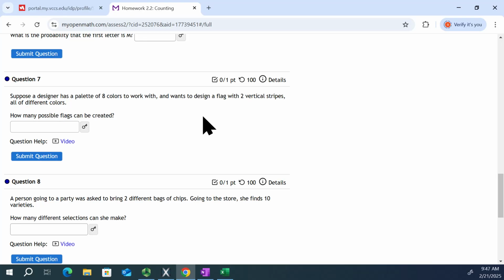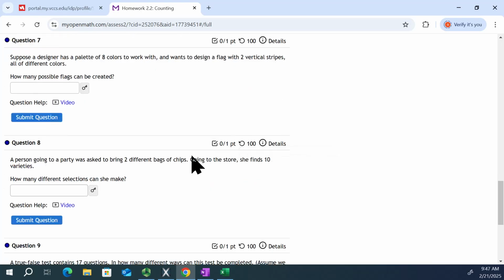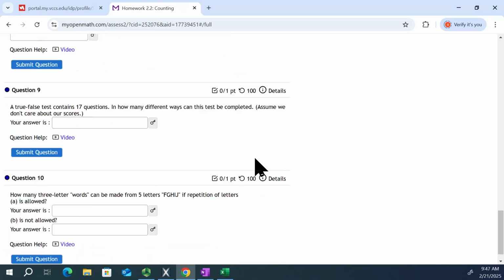This is still combinations. We have 8 colors. We want 2 of them that are different. So AB is the same as BA. We want different colors. This is combinations, and it's just going to be 8 combinations 2. There's another one.